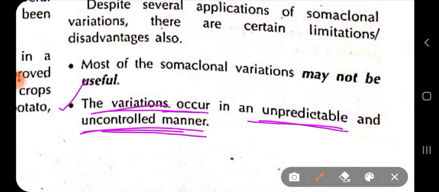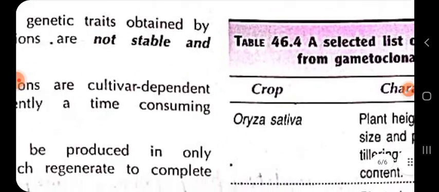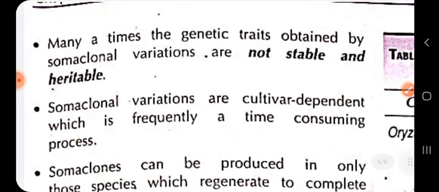That's the second problem. So much investment of money goes into making somaclonal variation, and it is unpredictable and uncontrolled. It may affect the normal plants as well. Third, many times genetic traits obtained by somaclonal variation are not stable and eventually not heritable.